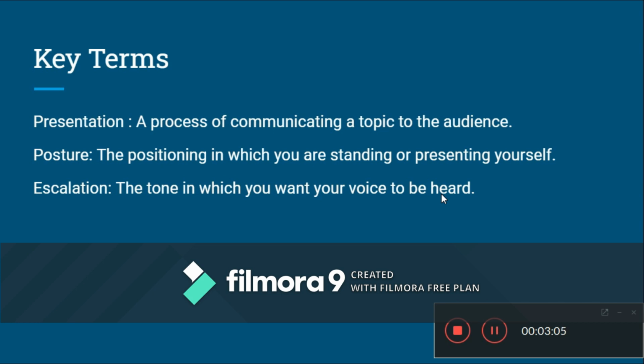You don't always have to over-escalate your voice and yell, but it's very important to keep in mind how you escalate your voice and pass on the information, because sometimes you could be reading, and you want everybody to hear what you have to say, but you don't want it to be too loud. Also you don't want it to be too low either, because you want to make sure that everyone can hear. So yes, that is very important, especially for escalation.